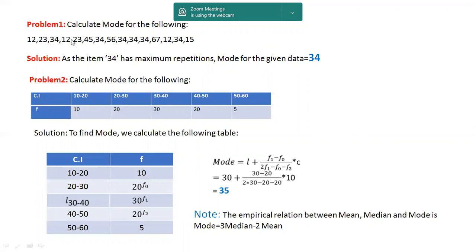If we observe, 34 is repeated the maximum number of times, so the mode is 34. If the class interval or grouped data is provided, we get the mode like this.